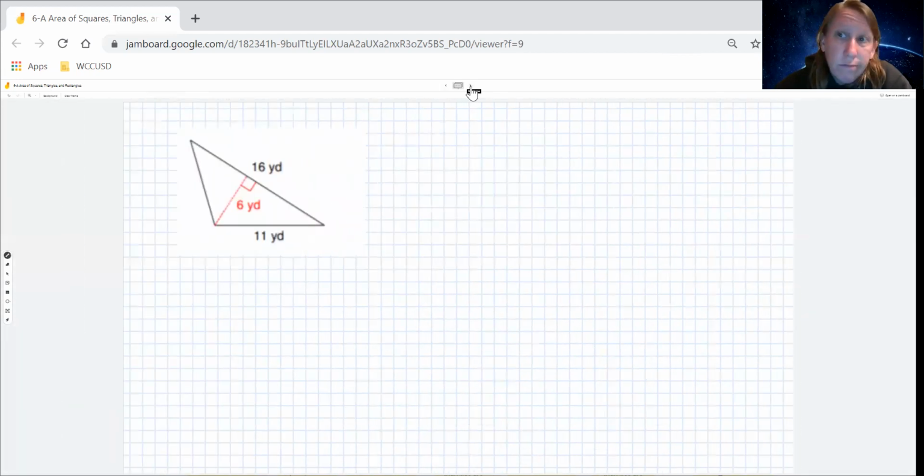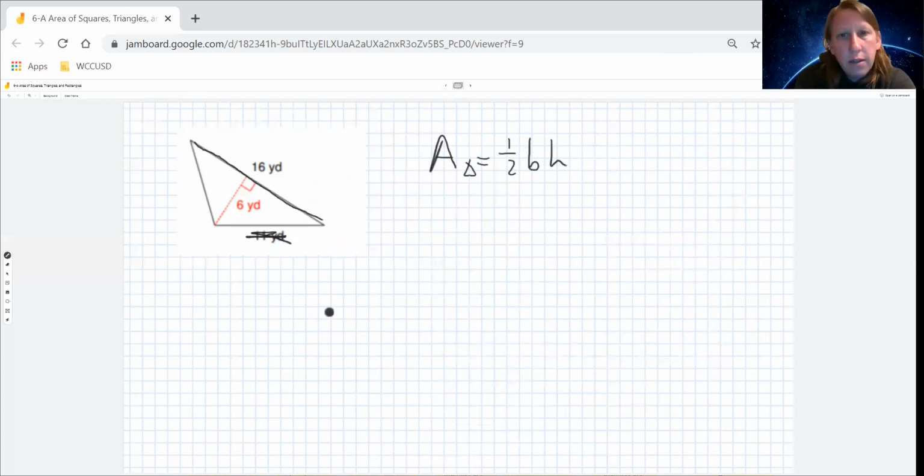Okay, too much information. They're trying to trick you. Is 11 the base or is 16 the base? 16 is the base. That's just there to try to trick you. So the area of this funny obtuse triangle would be half the base times the height.